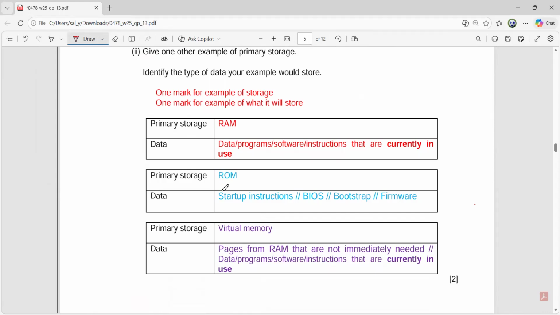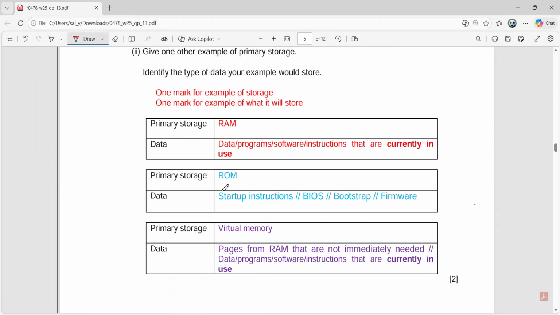Okay, now cache, ROM and RAM, these are considered to be the main primary storage. Why virtual memory or why VM? See, what is VM? VM is storing the data that is not accommodated in RAM. So since it is storing temporary data, or in other words, it is storing the data temporarily.